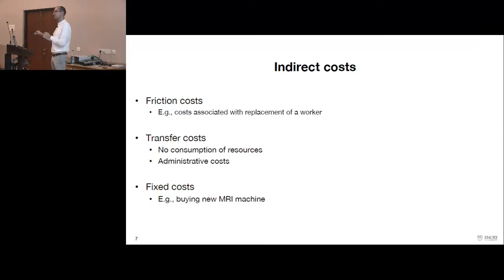If we're screening every single person, that means we probably don't have that many machines. There will be long waiting times. And if the machine is scanning someone who doesn't necessarily need it, it means that there may be someone else who really needs the machine for another more urgent condition. That will be the opportunity cost of using the scanner.